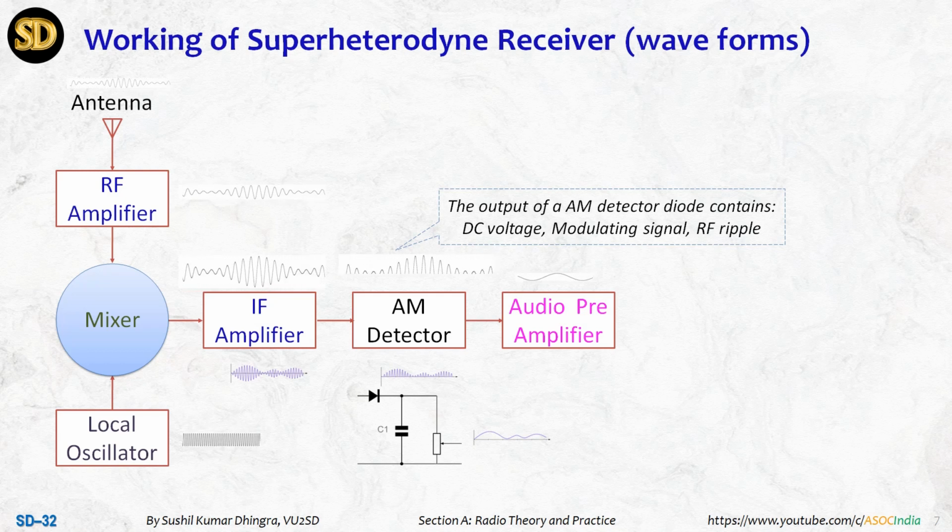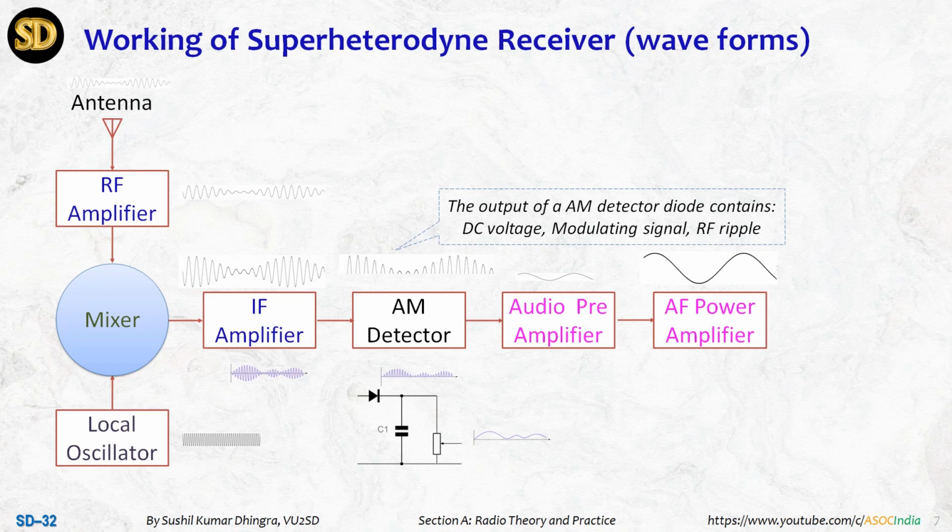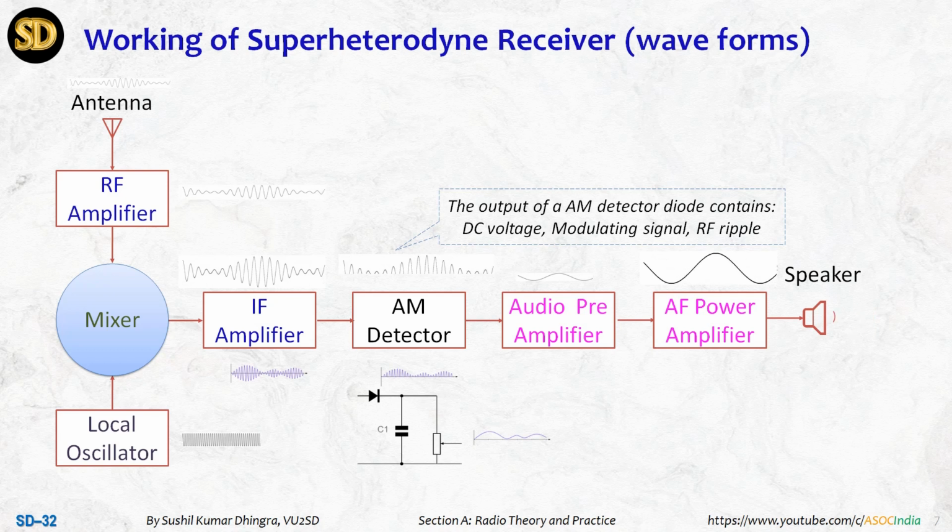It is a weak signal, but nowadays we want a loud signal. So the AF power amplifier will increase this low audio signal to a high power signal, and this low frequency power signal will go to the speaker. I will cover the speaker separately also.